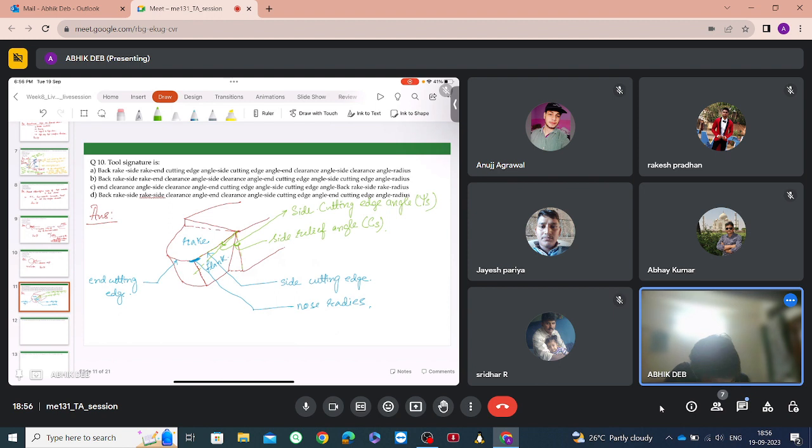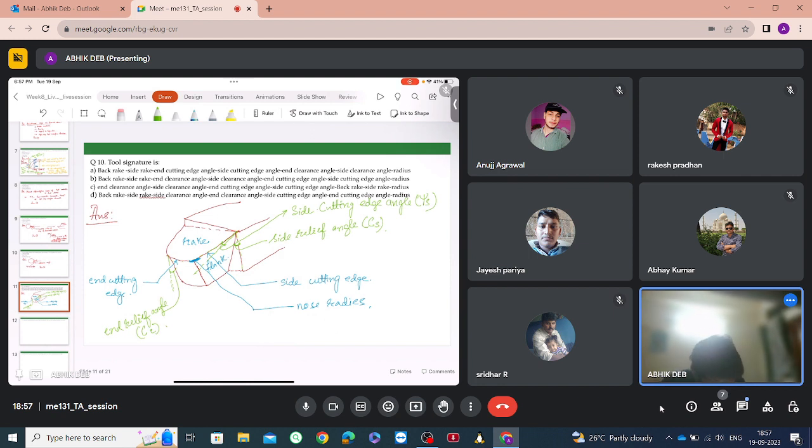Now, what is this called? Relief angle. Yes, the angle made by the face which contains the end cutting edge with the vertical is called the end relief angle or end clearance angle, which is denoted by Ce.